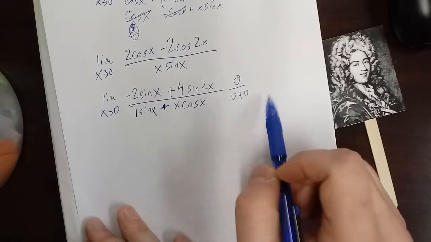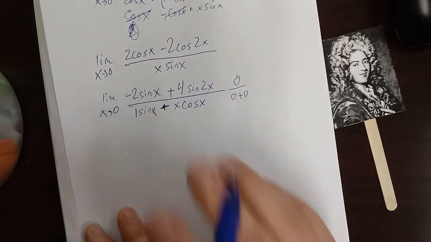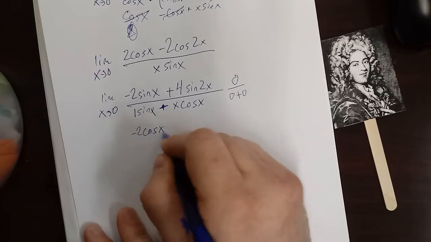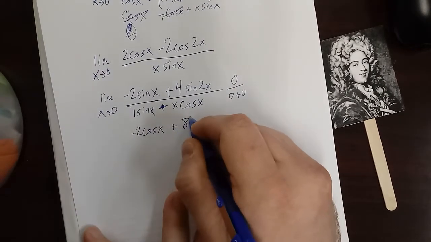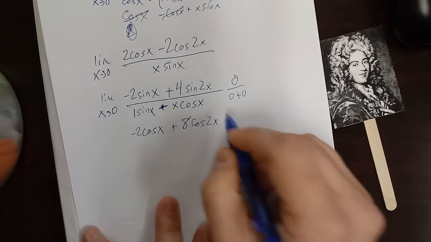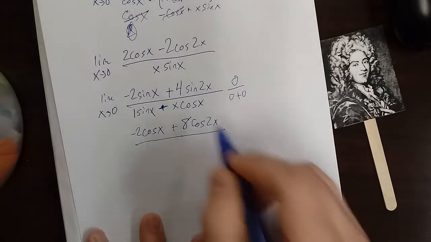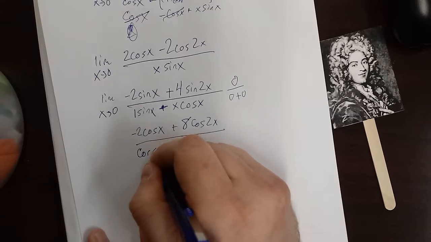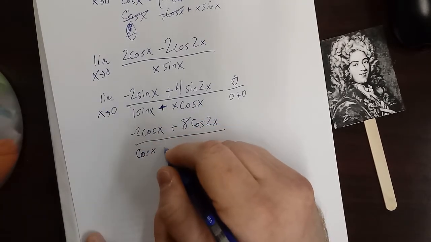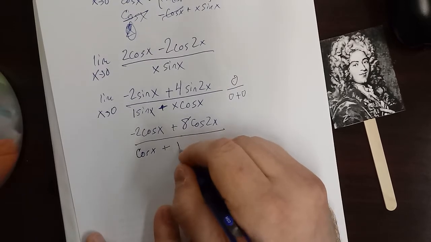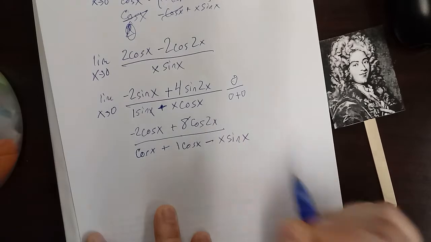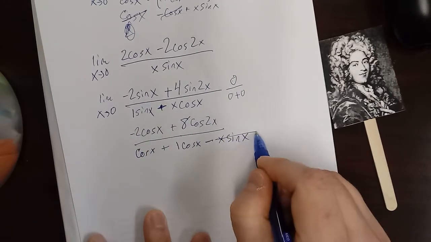Okay, so we get 0 over 0 again. We got to do L'Hopital's rule again. So we get negative 2 cosine x plus 8 cosine 2x. This has to be the time. We get cosine x, because this time we didn't even have stuff canceling. So we get cosine x plus 1 cosine x minus x sine x. And now when we plug in 0, that's 0.